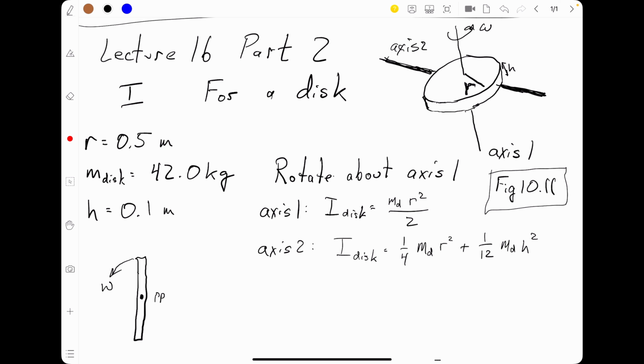Now let's say we make it a thin rod. How do we make it a thin rod?